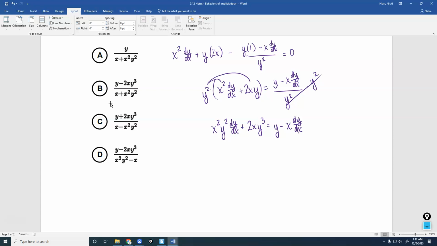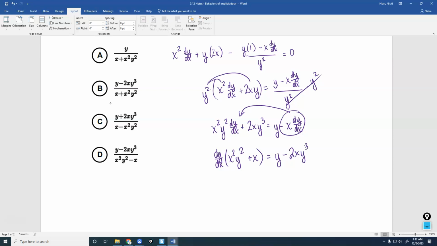Now you're down to your basic solving for dy/dx. We'll move everything with dy/dx to the left and factor it out. So you'll have dy/dx times x squared y squared. When you move this over here, it becomes positive, so you'll have a plus x right there. And it will equal y minus 2xy cubed.